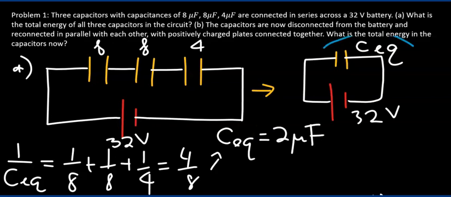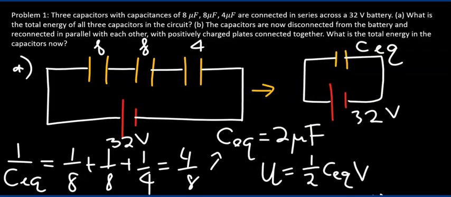The energy in this equivalent capacitor must be the same as the total energy in all these 3 capacitors. So that total energy is quite simply half equivalent capacitance times V squared, where V is that 32 volts.